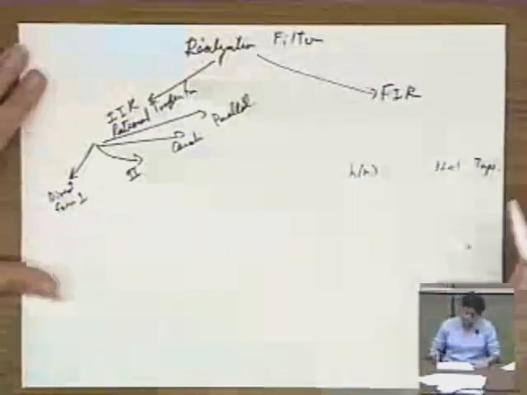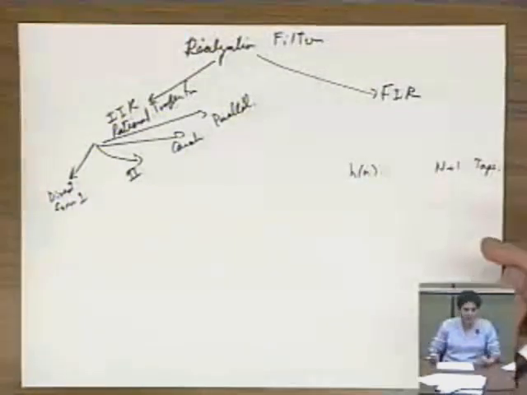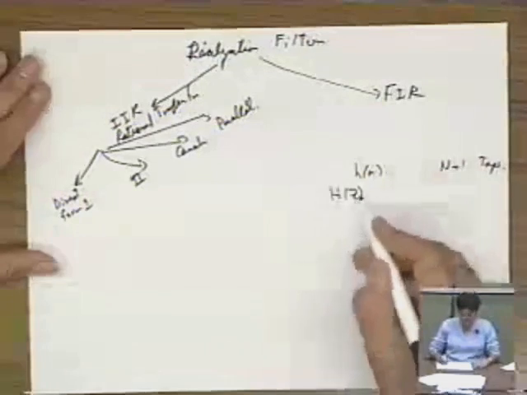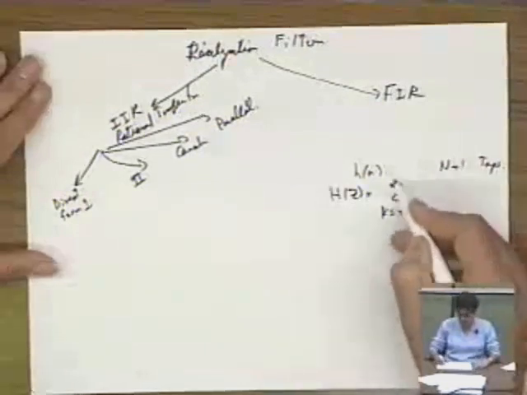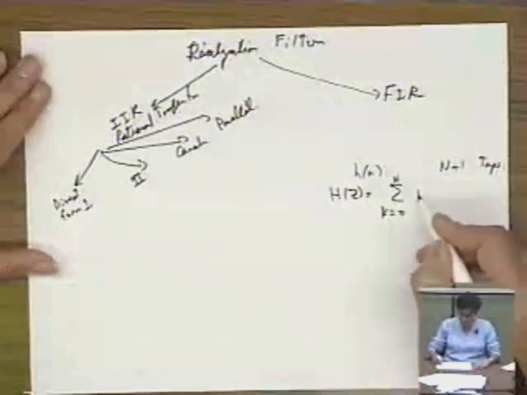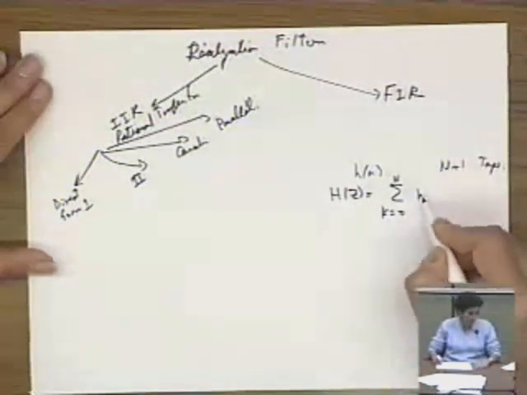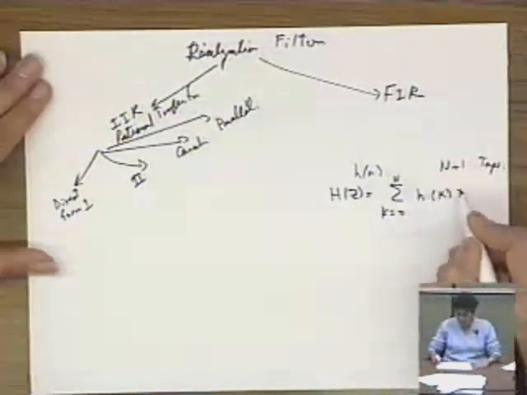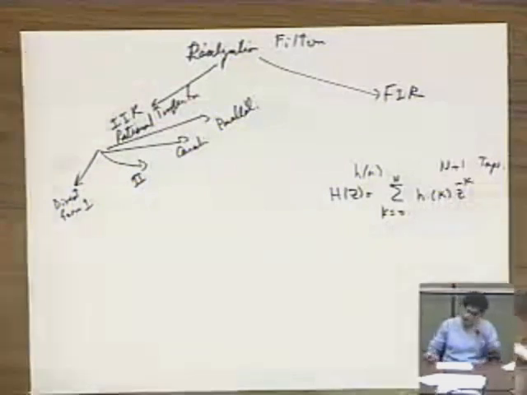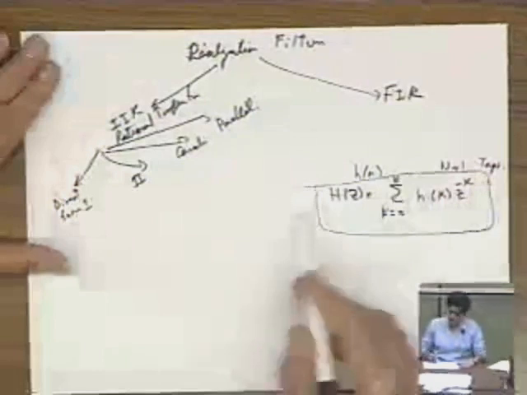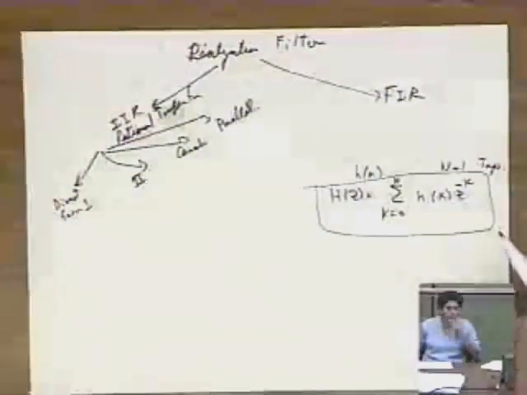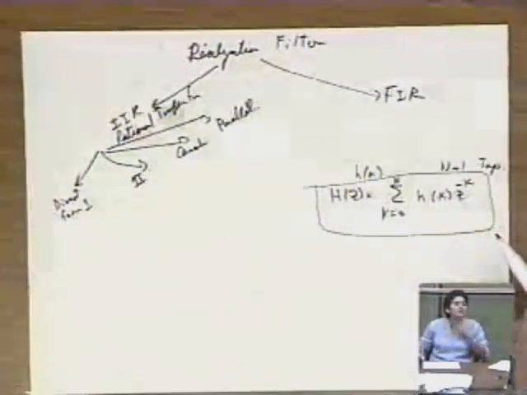What's the transfer function for that? Well, H of z is just summation from k equals 0 to capital N of h of k z to the minus k. So that'll be the transfer function of an FIR filter.